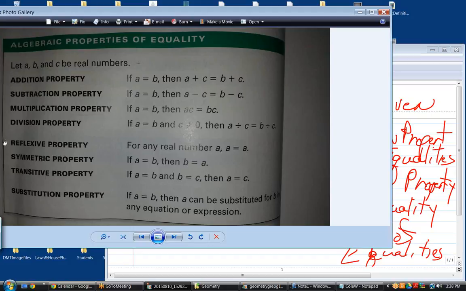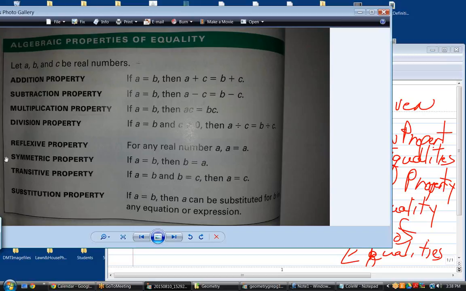A equals A, or B equals B, or C equals C. In other words, for any real number, it equals itself. And you wouldn't think that would have to be stated as a property, but it is, and it does. And you will come across problems where one of the steps is you have to cite the reflexive property.